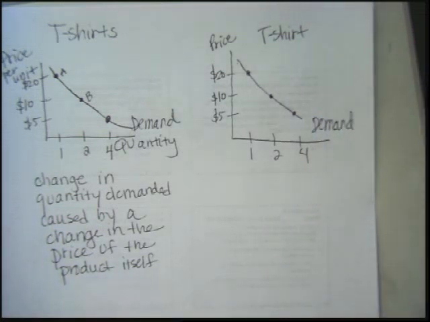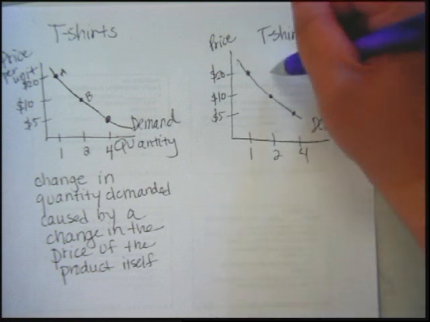Let's pretend that these are Dallas Maverick t-shirts. And the Dallas Mavericks has just won the NBA championship. Okay, so are people going to be really excited about buying Dallas Maverick t-shirts and jerseys and all of that stuff after they've won? Why? Because it's cool to have stuff from a winning team, right? At $20 for a t-shirt, are people going to be buying more Dallas Mavericks t-shirts? Yep.